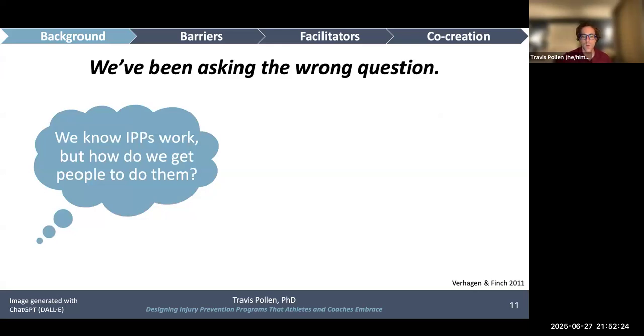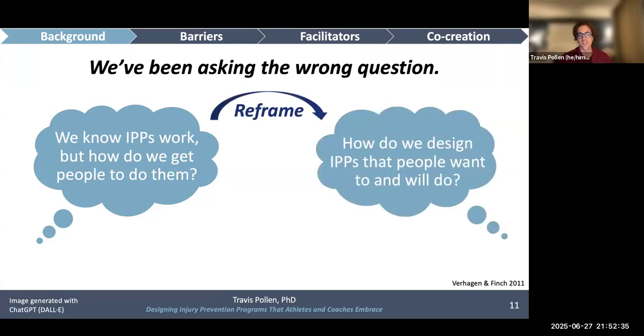For a long time, we've asked the question, how do we get athletes to do these proven prevention programs? To me, this is the wrong question. The question that we should be asking is, how do we design injury prevention programs that athletes and coaches actually want to and will do?